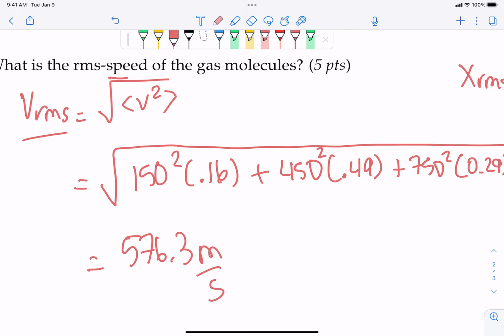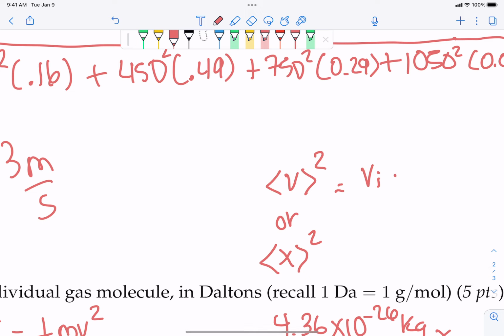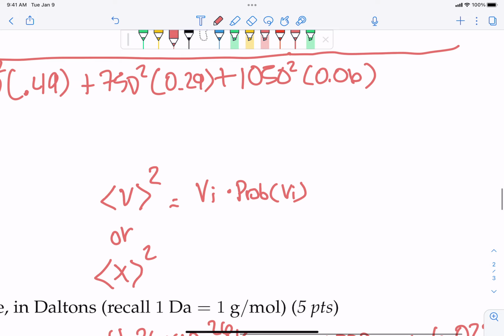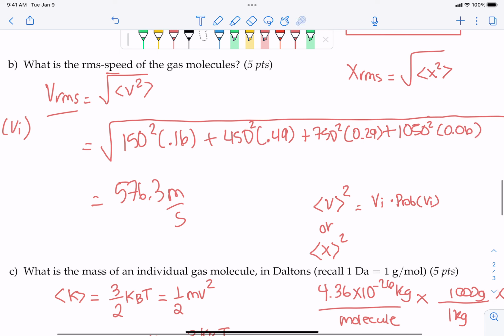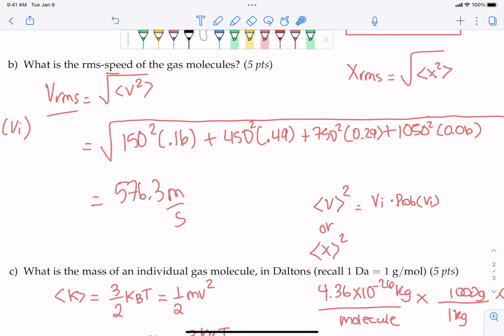Now if the exponent was outside of the brackets, that would just mean I'd be doing my normal average. I take my speed times my probability and then add up all those values. So I do this whole process just without squaring any of my speed values.